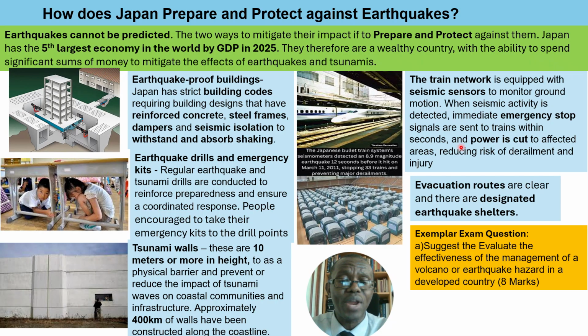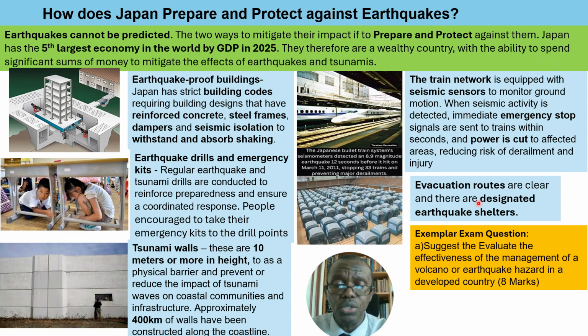So the trains are going to stop within 2 seconds of an earthquake. The power will be cut off and they will stop. That is really important because it will reduce the risk of derailment by the trains and therefore injury. Because if they derail and crash, then that is more injury and more devastation. So if they just stop, then that is a lot safer, so to speak.